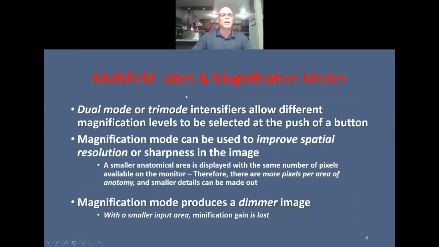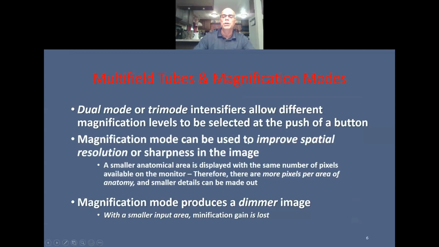Okay, dual mode or tri-mode intensifiers allow different magnification levels to be selected at the push of a button. Those numbers 23, 18, and 12 are actually buttons. You just push them. Sometimes there's little symbols showing you a big M, middle M, and a tiny M. But anyway, those are levels of magnification. Simply pushing the button.